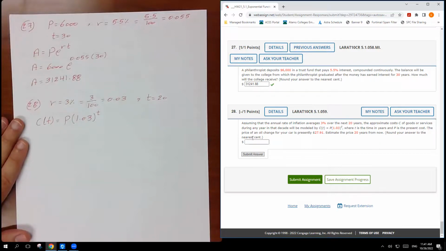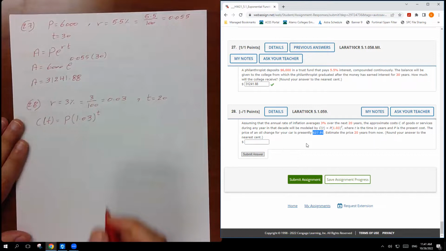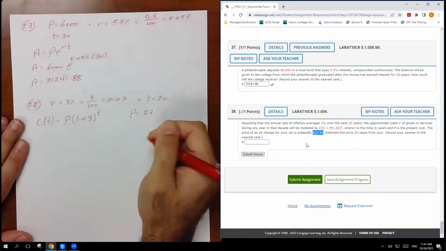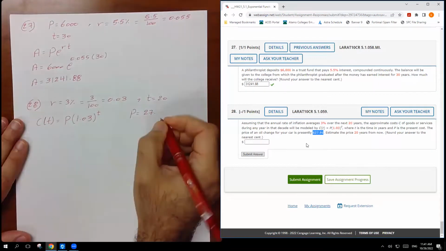The price of the oil change for your car is presently 27.91. So that means P is equal to 27.91.